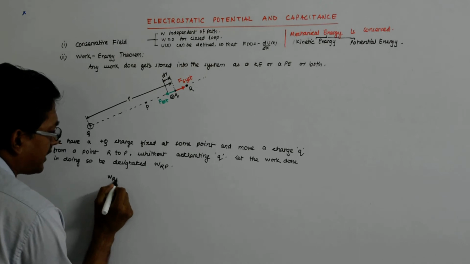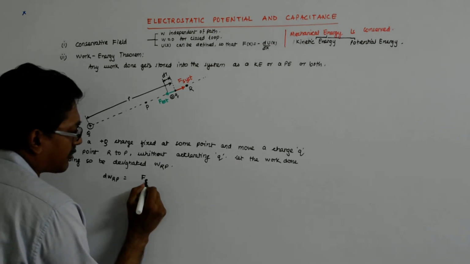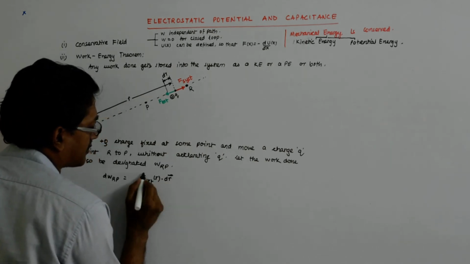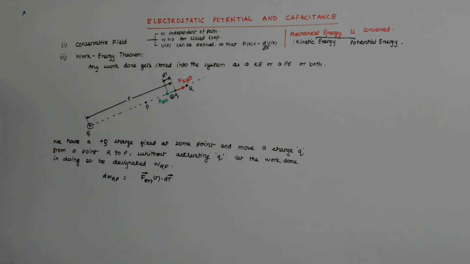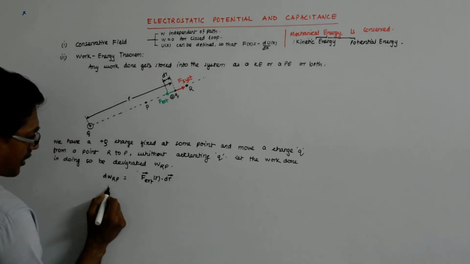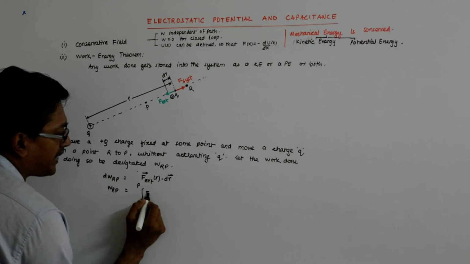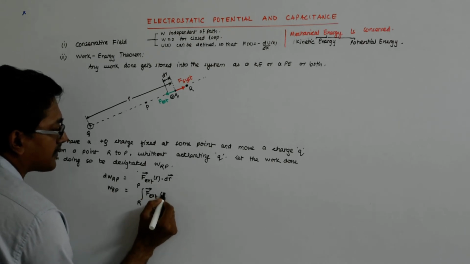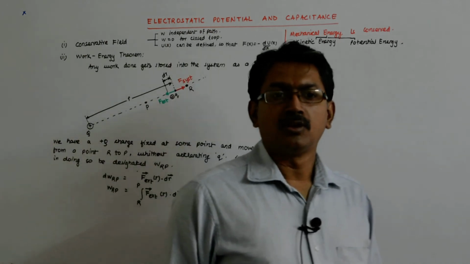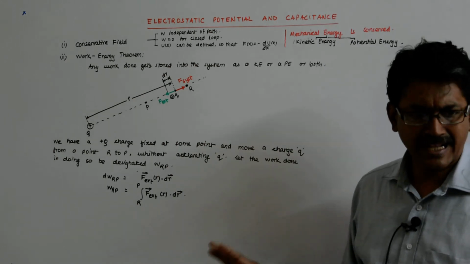So an infinitesimal amount of work done, dWRP, is equal to F external, which is a function of r, dot dr. And if I want the whole work, I should be integrating the above expression from R to P. So this is the total work done in moving from R to P. We'll soon calculate it, don't worry.